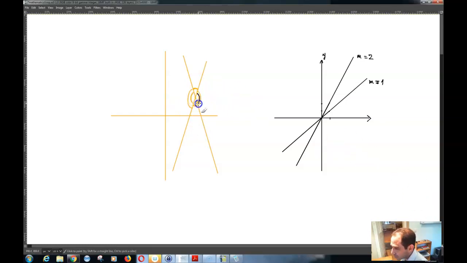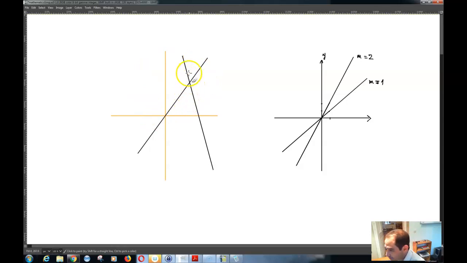So this angle is, let me do this again. Okay, so let's say that you have these two lines over here, and these two lines are intersecting on an xy plane.